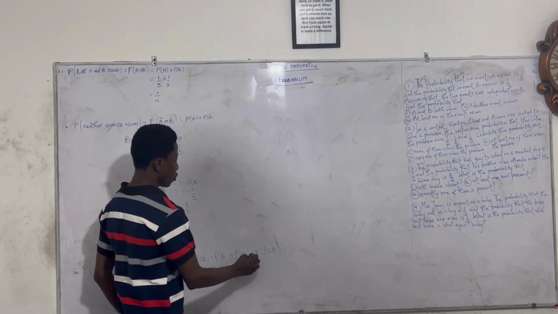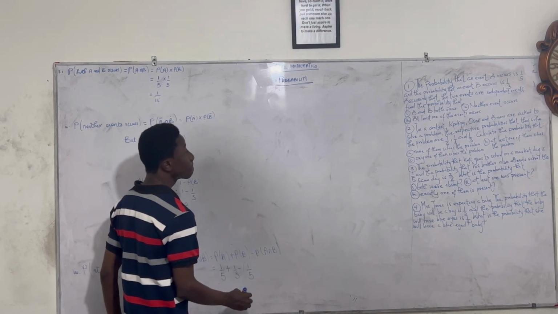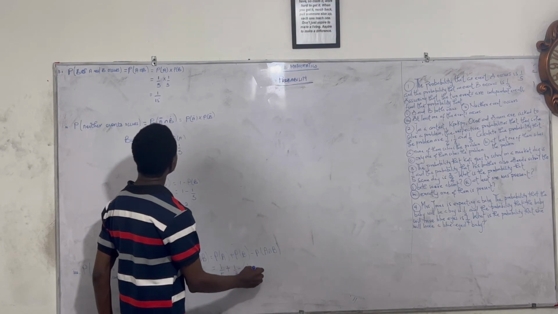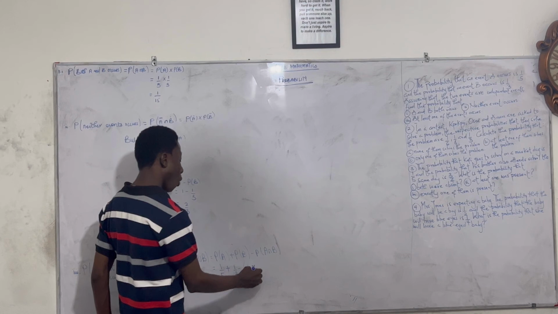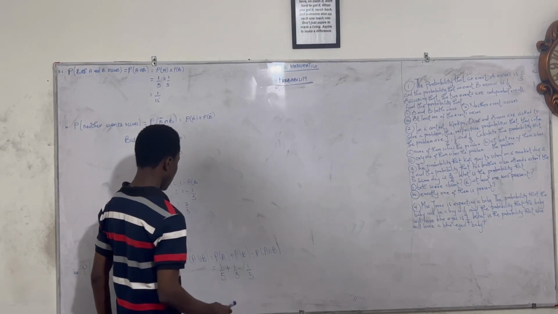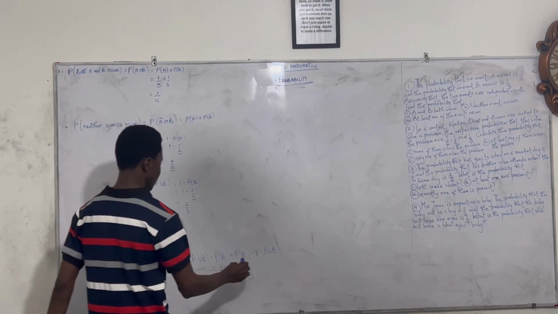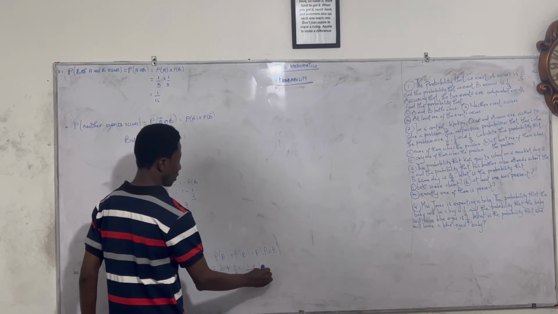A is 1/5. Intersection means times, or intersection means what? Intersection means times, sorry. So B will be 1/3.